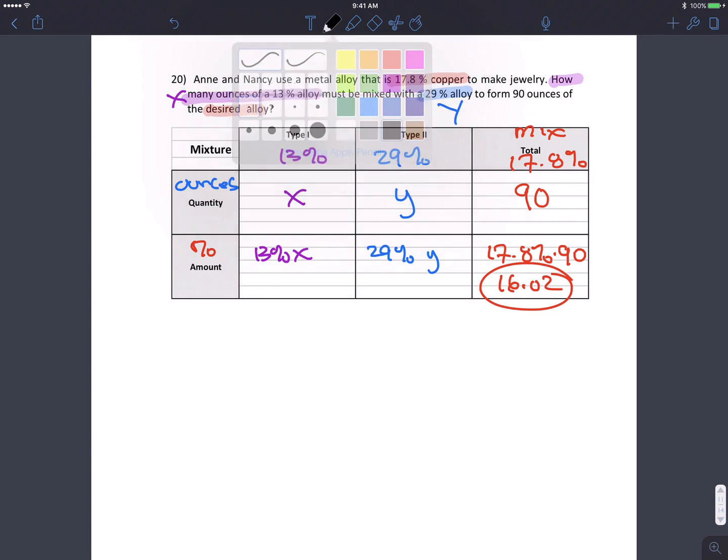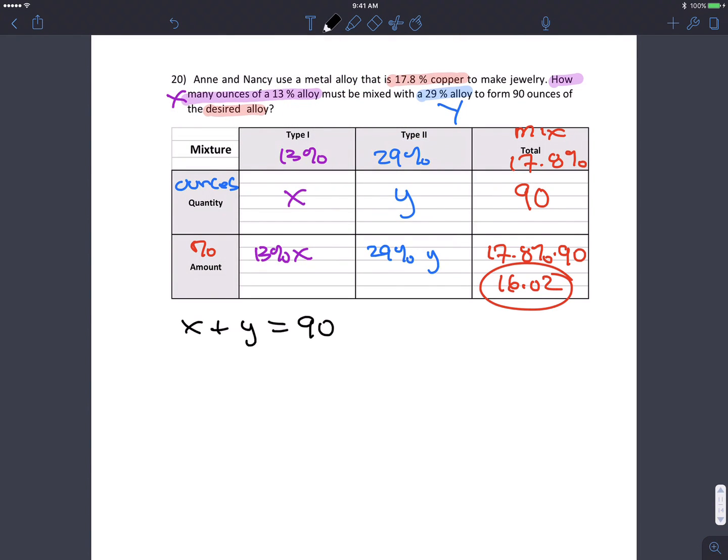So let's look at the equations here. My first equation is x plus y is 90. The second equation is 0.13x plus 0.29y is going to be 16.02. Move my decimal 2 spaces.